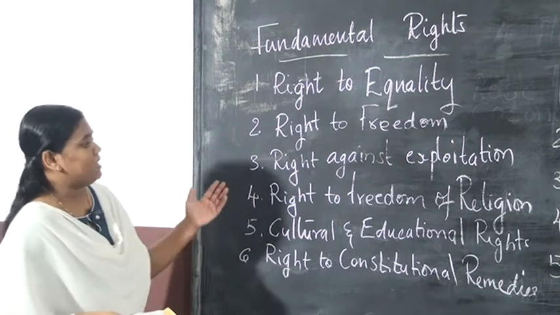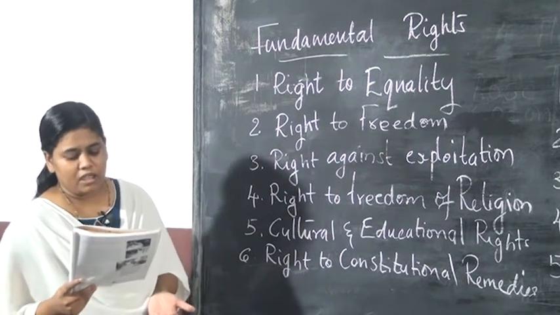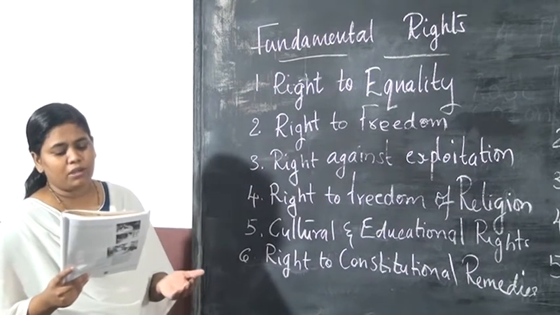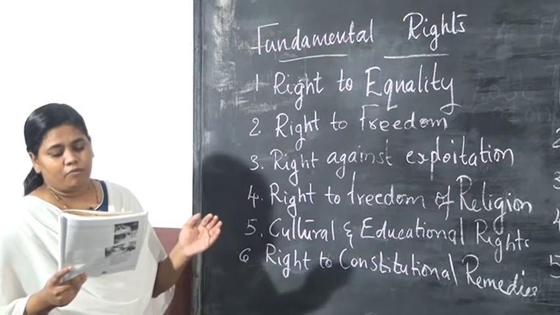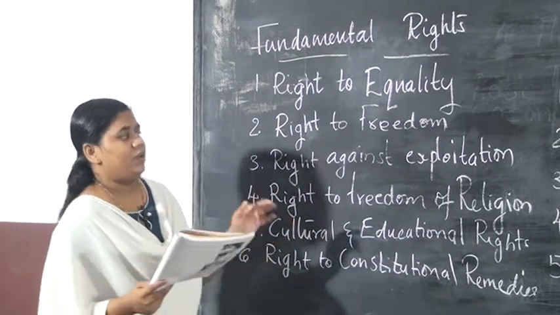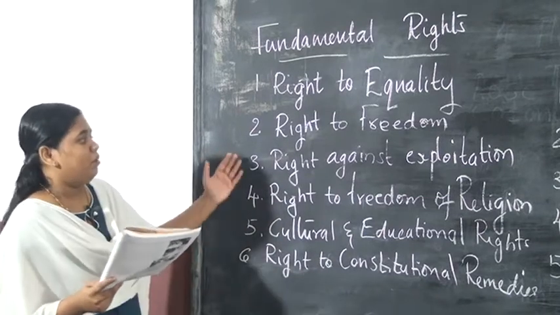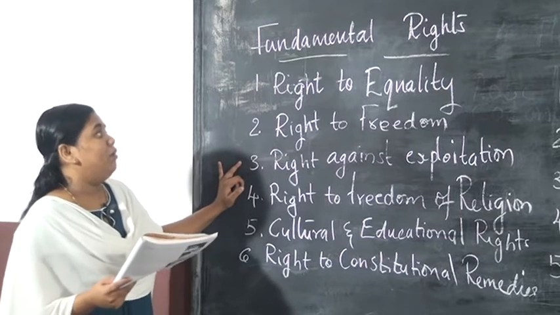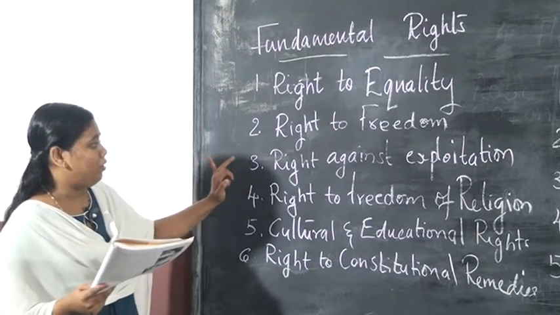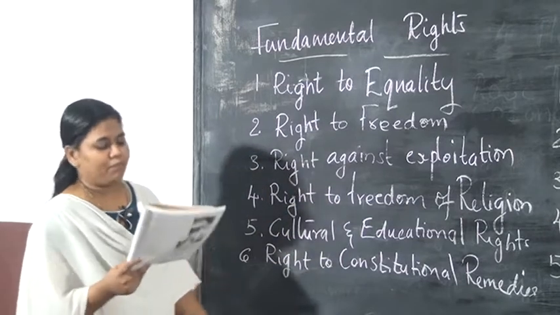The next one was the right against exploitation. What is the right against exploitation? The Constitution prohibits human trafficking and forced labor. If anyone exploits us, we can move to the court, because it is a violation of the right against exploitation.